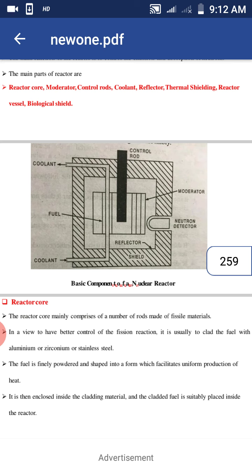It comes into the reactor vessel, where exactly the nuclear fission process takes place, and a large amount of heat energy is generated, which is used to convert the water into steam for the further stages of the process. So this is how the various components work. Thank you very much.